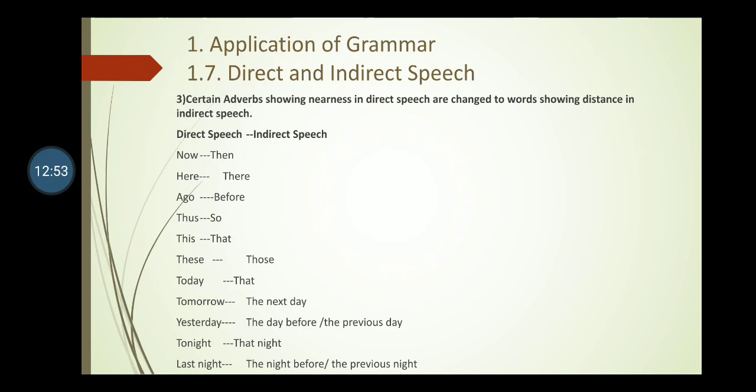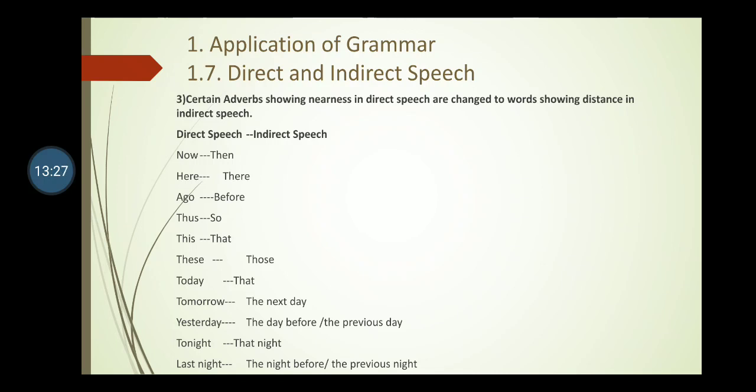For example: now, then; here, there; ago, before; thus, so; this, that; these, those; today, that day; tomorrow, the next day; yesterday, the day before, the previous day; tonight, that night; last night, the night before or the previous night. Such changes are done while converting from direct speech to indirect speech.